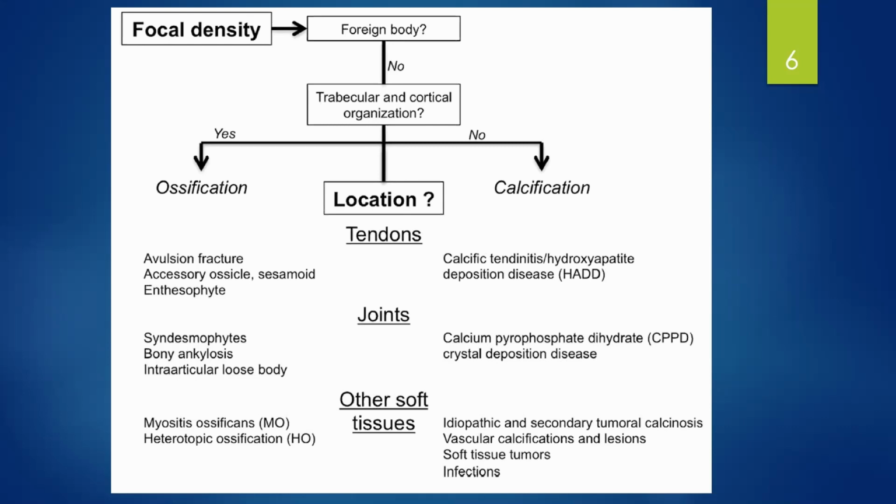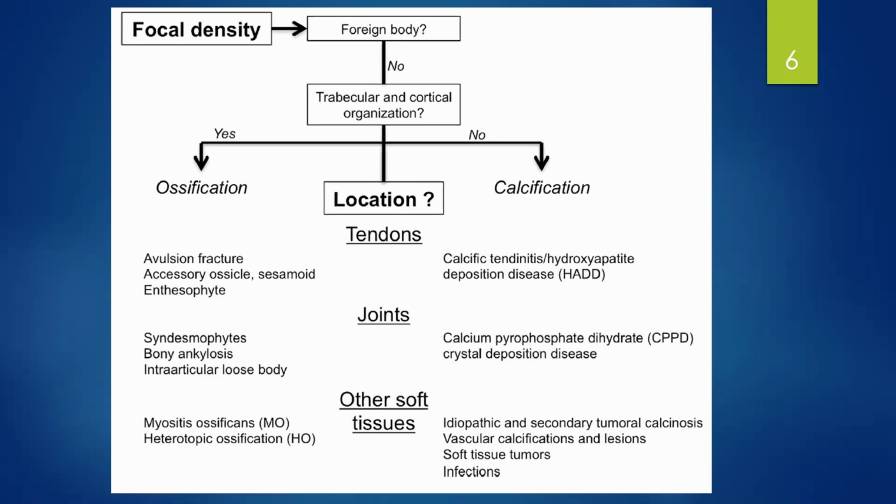are important to know. Ossifications occur when there is an avulsion fracture and the fragment itself is the ossification. As an accessory ossicle or a sesamoid bone, and as an enthesophyte. These are usually secondary to calcific tendinitis, hydroxyapatite deposition disease.